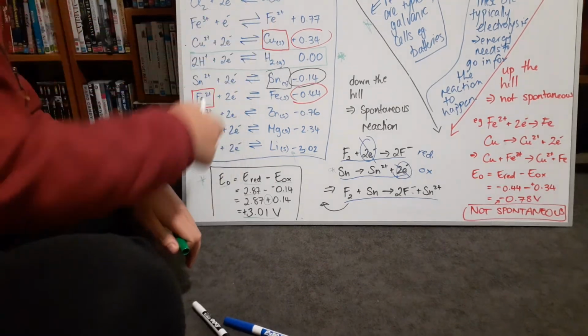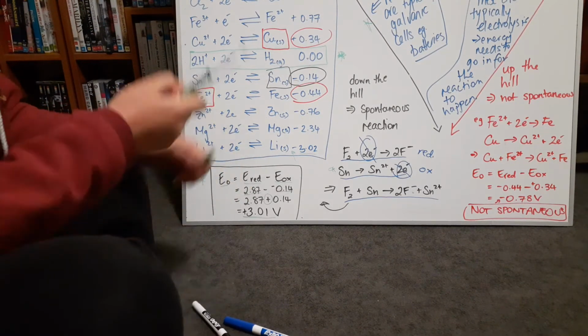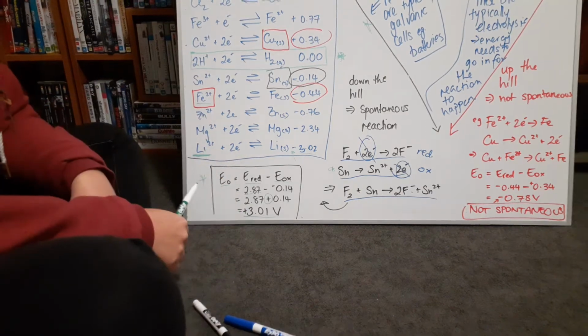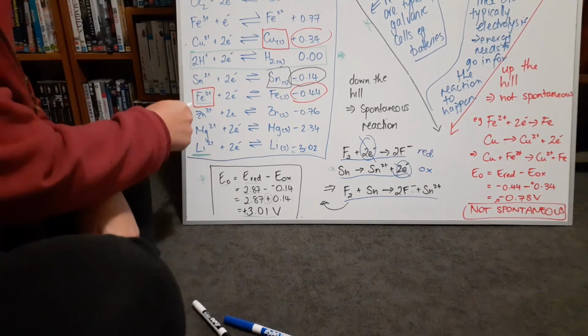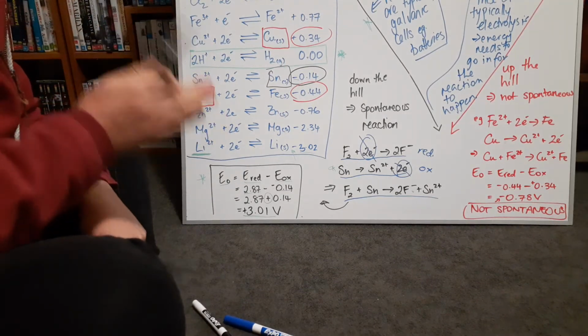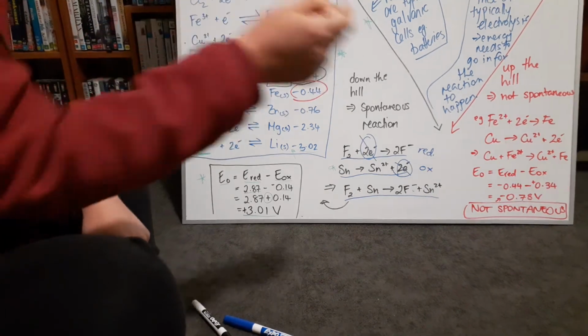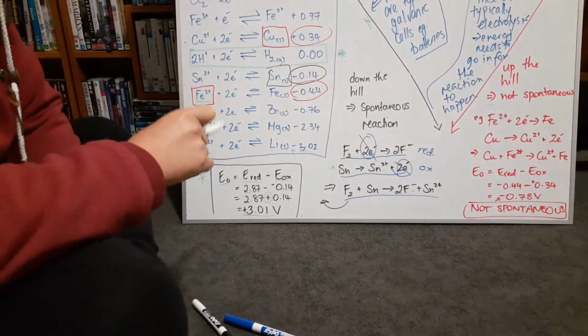If I have to go up the hill on a bicycle, I've got to make a whole lot of effort, pedaling, energy in. It's going to be a pain in the butt, right? So when I am going up the hill, that tells me that I am going to have a non-spontaneous reaction.